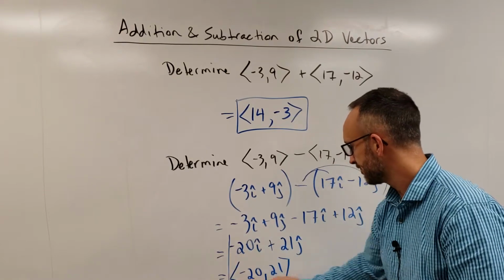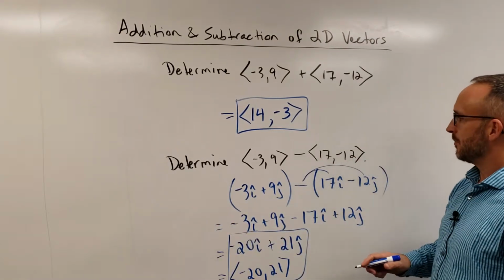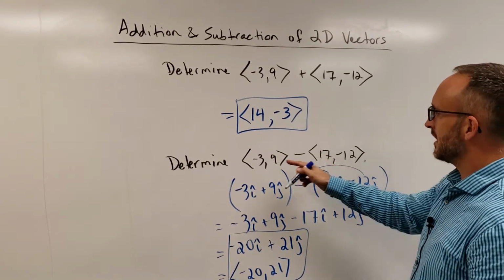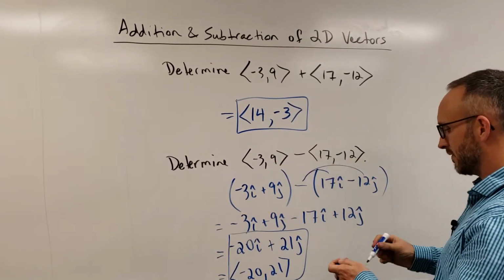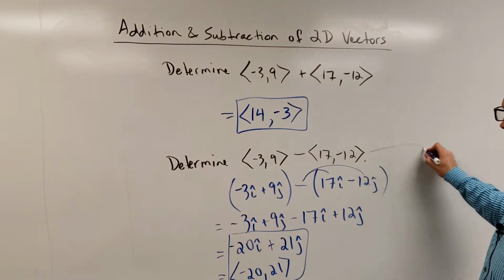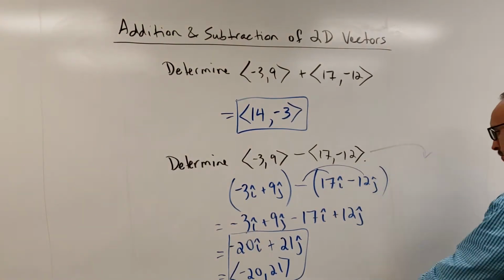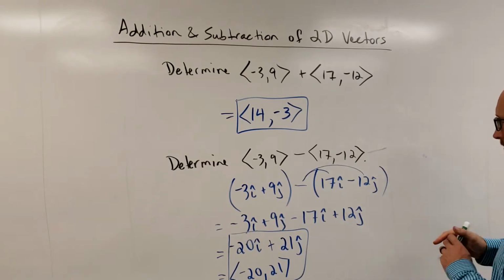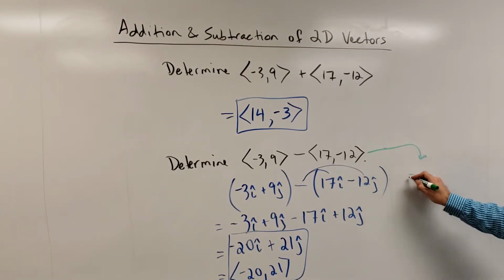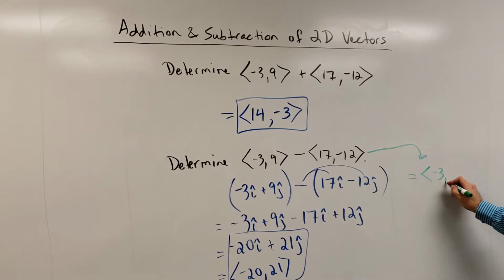All right? Now, you don't have to convert to ij notation. If you do it without converting, it's pretty straightforward. You could do it like this. You would take <-3, 9>.